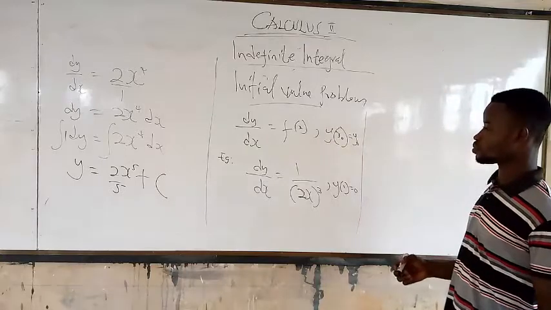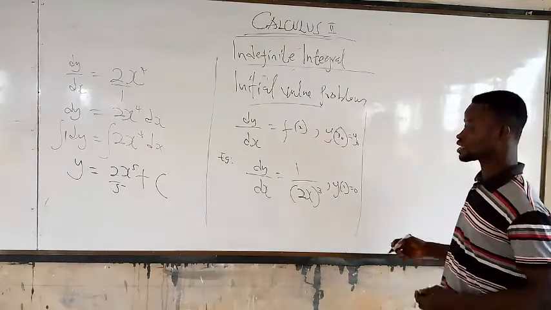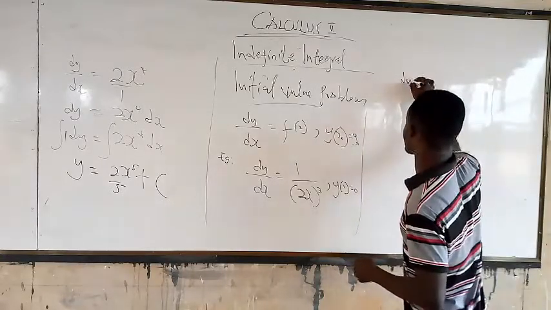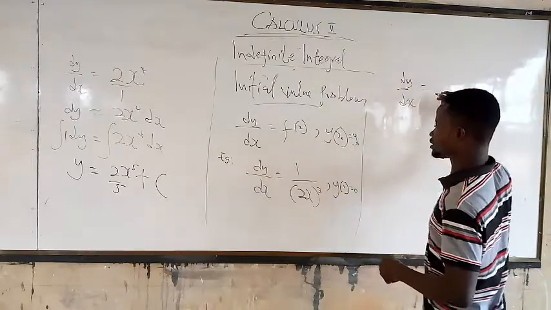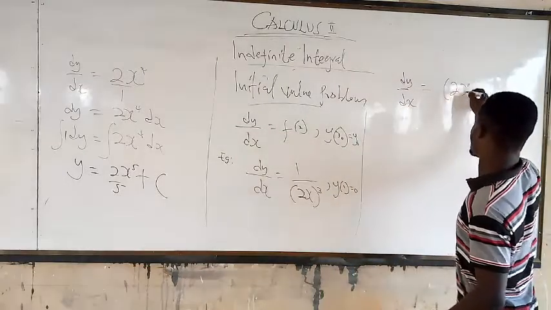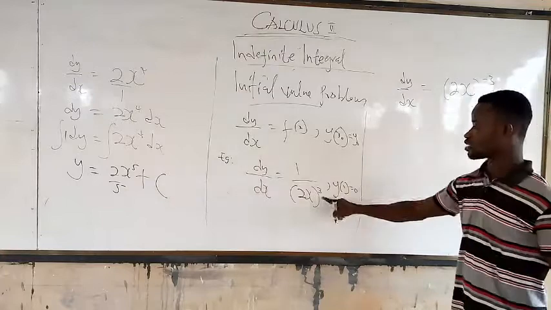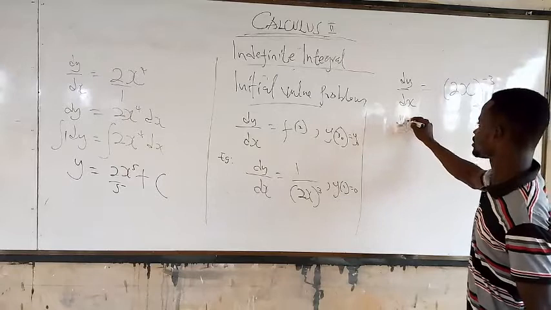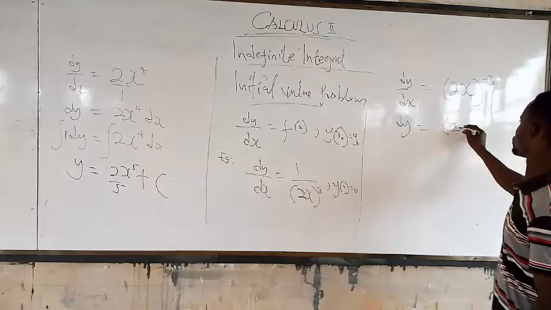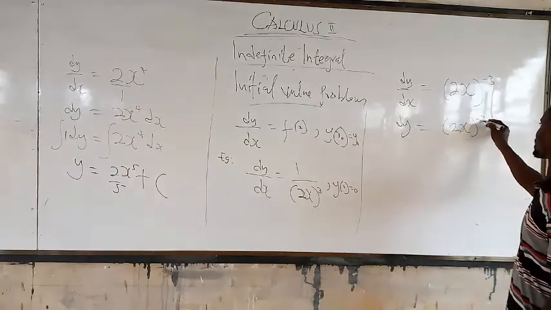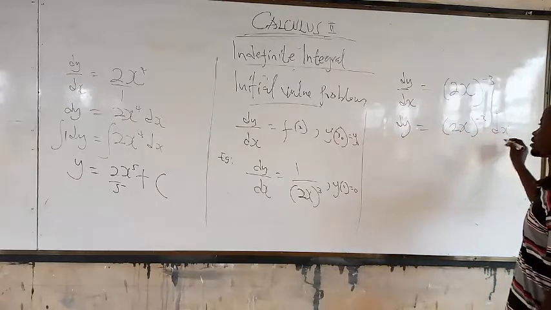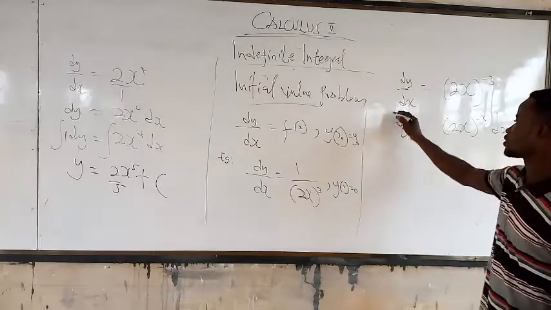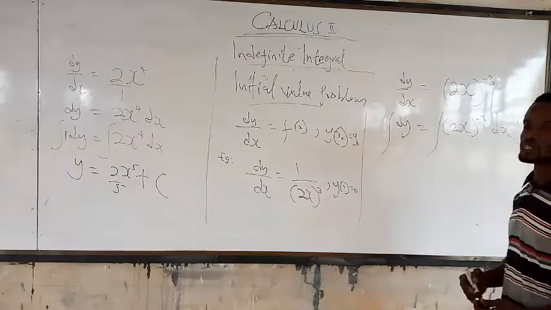Let's do our cross multiplication. Or we can first say that dy/ds is the same as 2s to the power negative 3. So when we do cross multiplication, we get dy equal to 2s to the power negative 3 ds. So now we can integrate both sides.